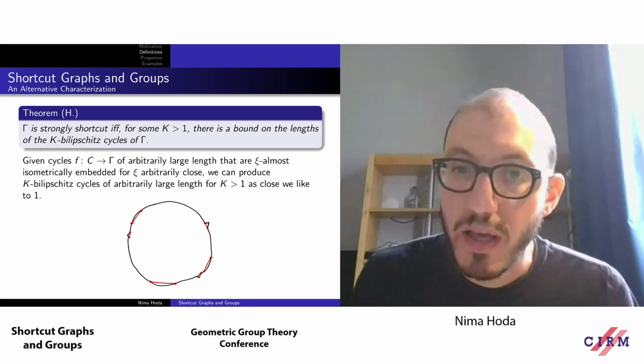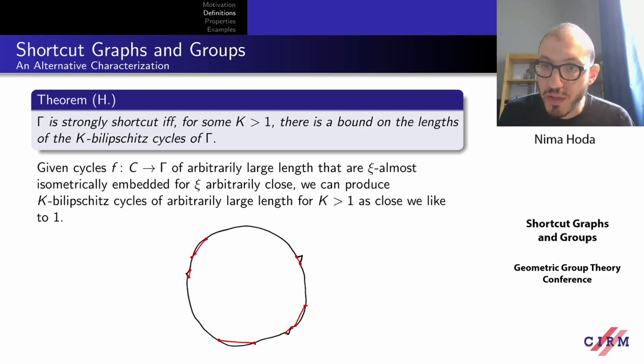We replace those segments with geodesics between their endpoints. So we snip off these little bits that aren't k-bi-Lipschitz and replace them. Because the cycle is psi-almost isometrically embedded for a very good value of psi relative to 1 over k, these segments have to be very short.